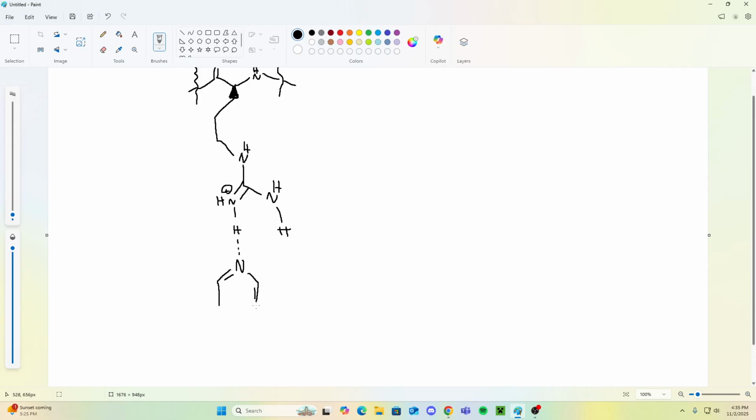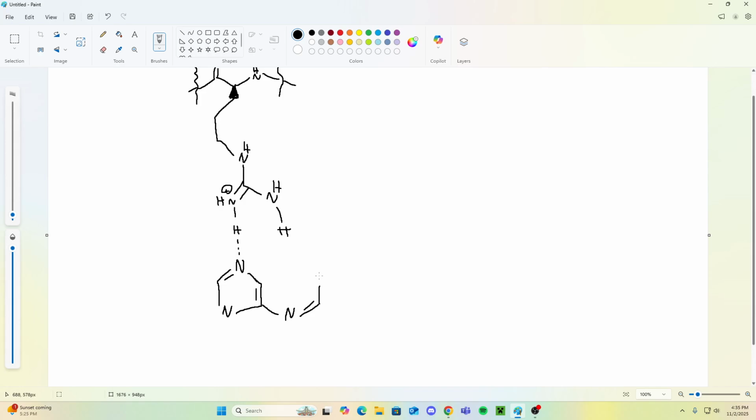And even though it looks a little funky, let me draw this side a little bit better here, because this is supposed to be a double nitrogen here, and then this is a double bond. There you go. And it is worth memorizing.